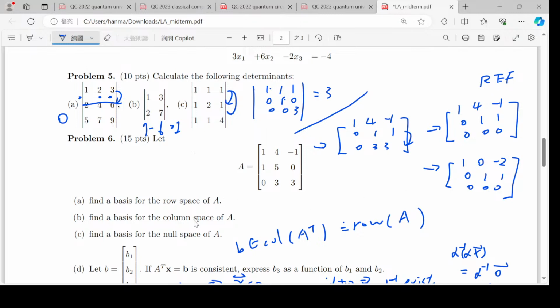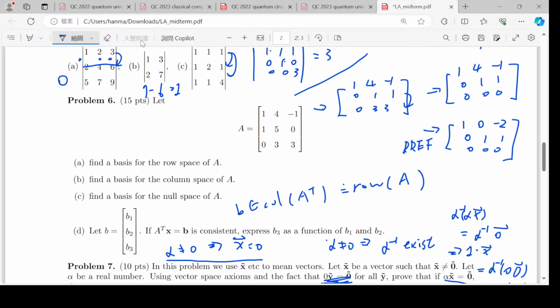Actually, we don't need it for the first 2 things, but it's nice, so it's useful later. So let's do the reduced REF. To get it, did I get this wrong? I got this very wrong at the start. Let's see.